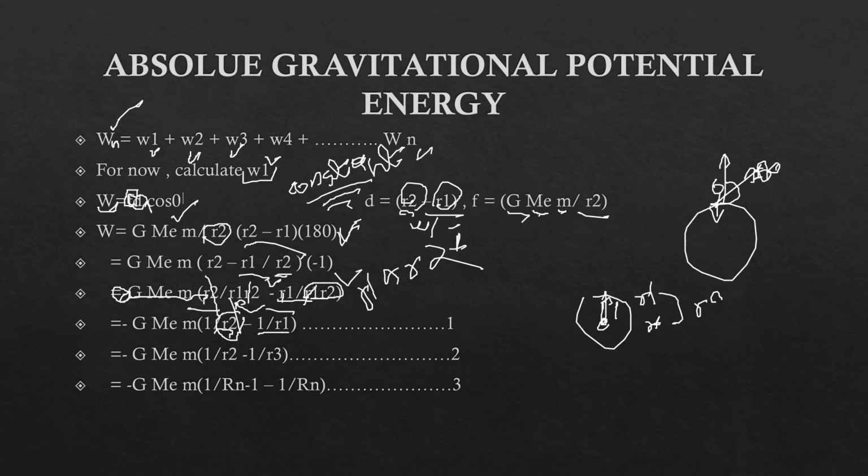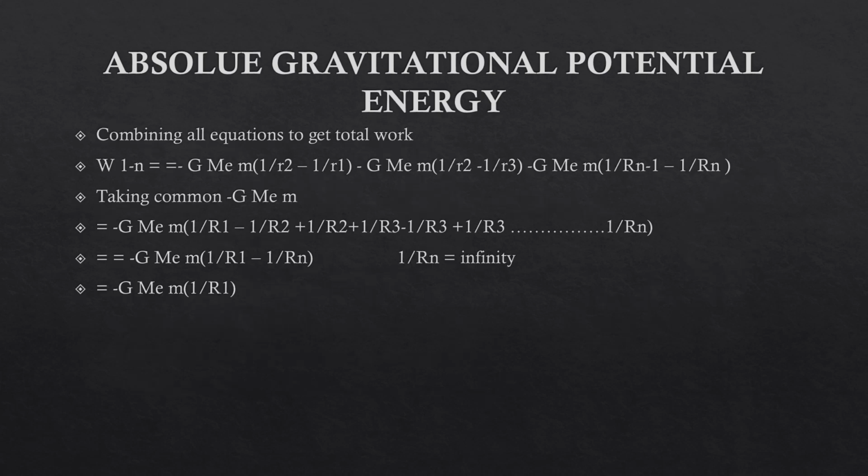We put this as equation number 1. We got the proper equation for that. Now we follow this process for W2 and equation number 3 also. When we combine all the equations of W1, W2, W3 and so on, we get this equation.